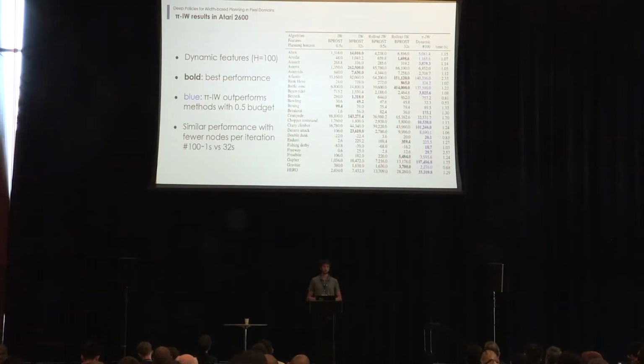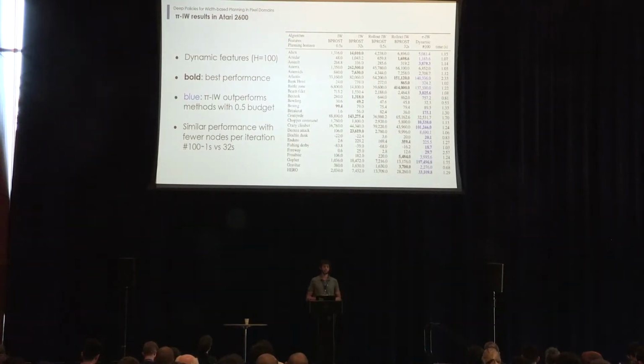We also show results for the Atari games. We use dynamic features with a horizon of 100 nodes, and this takes in our machine around 1 second. And we compared it to previous approaches of IW and rollout IW for half a second and 32 seconds of budget.